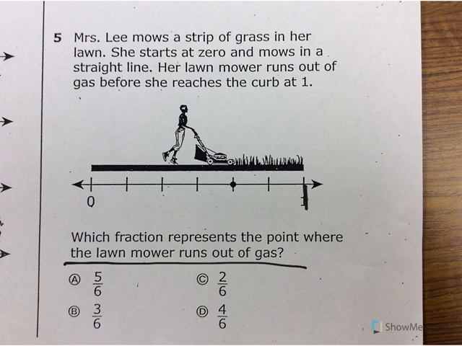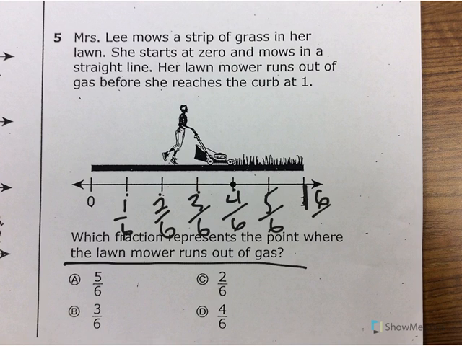It looks like it's broken down into 6 equal parts. That's 1, 2, 3, 4, 5, 6 equal parts. So this is 1/6, this is 2/6, 3/6, 4/6, 5/6, and 6/6.